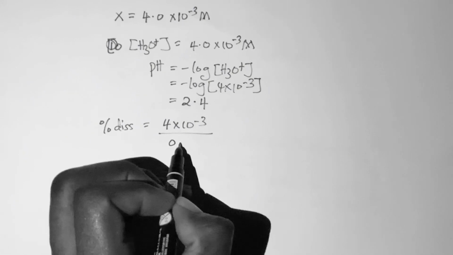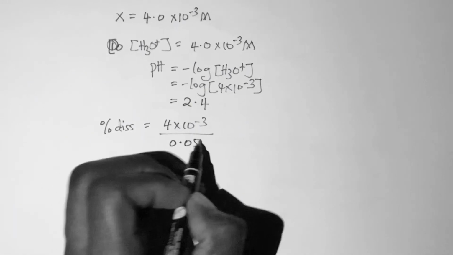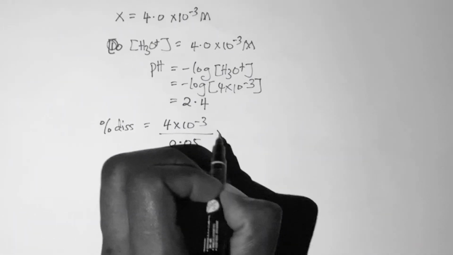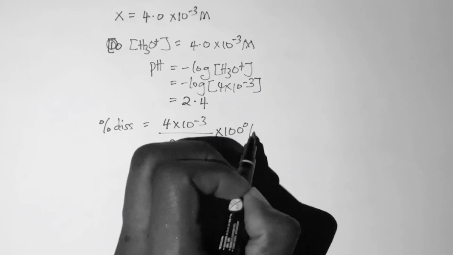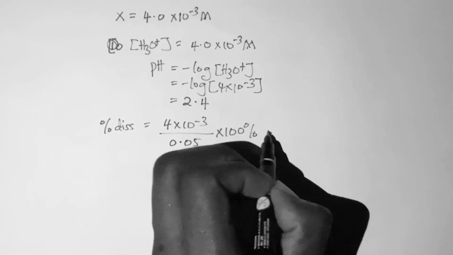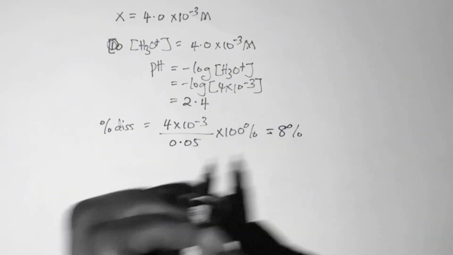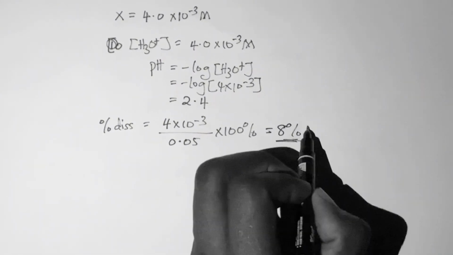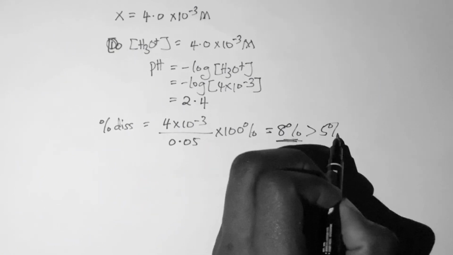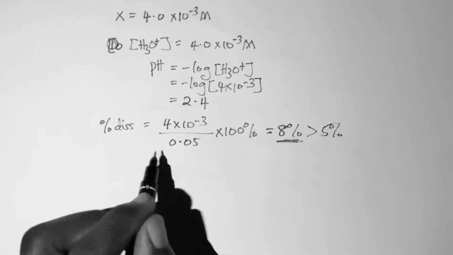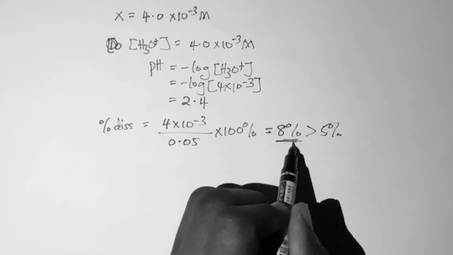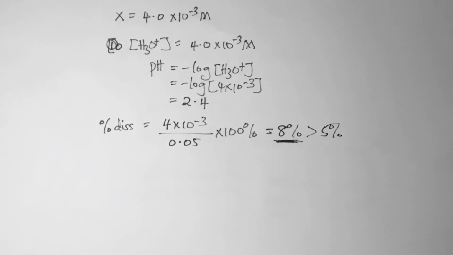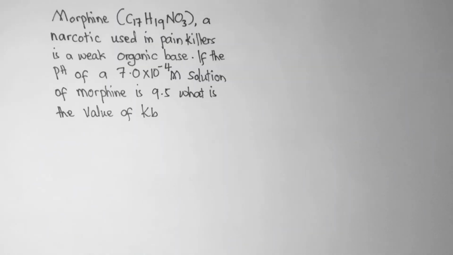The original concentration was 0.05, times 100%. And if you compute this, it is equal to 8%. So you can see that in this case, the 8% is greater than the 5%. And that is why we didn't use the approximation, because in this instance, the 5% rule is going to fail.